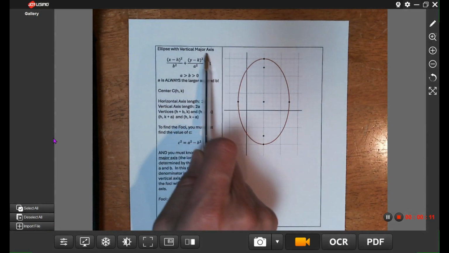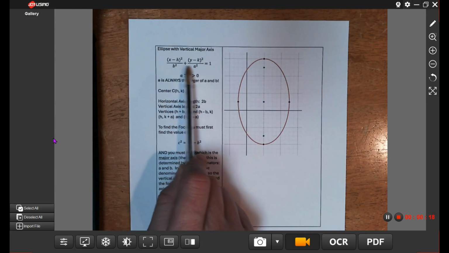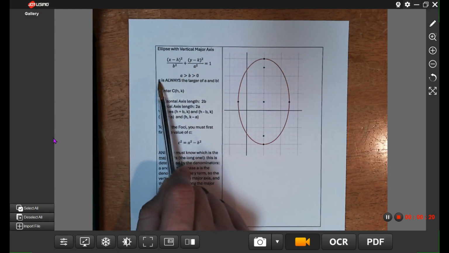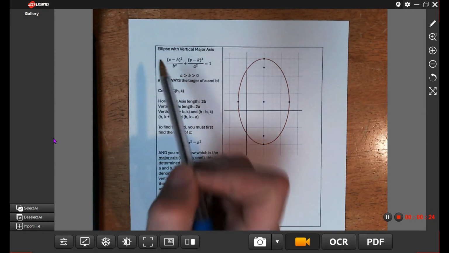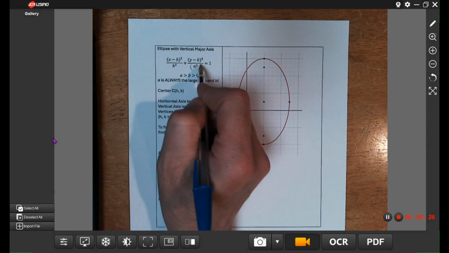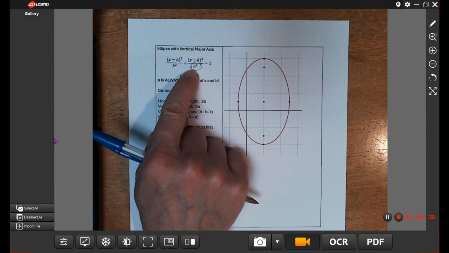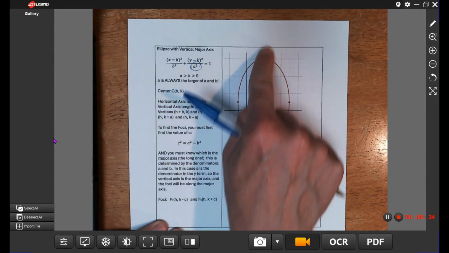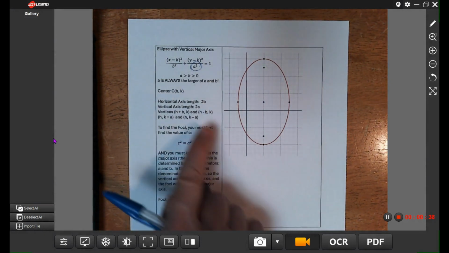Almost everything is the same in here. The one difference is that b squared and a squared have swapped places. Notice a is always the larger of a and b. So the larger number is the denominator on the y term. Since the denominator is larger on the y term, the y-axis is the major axis.